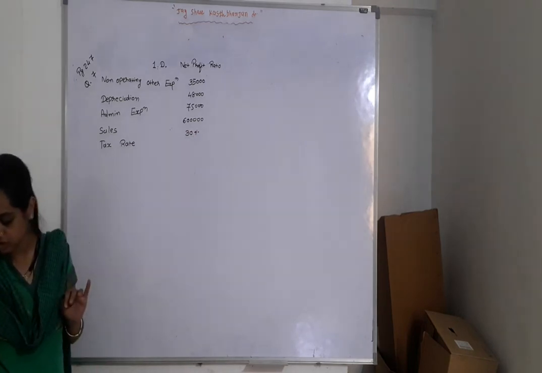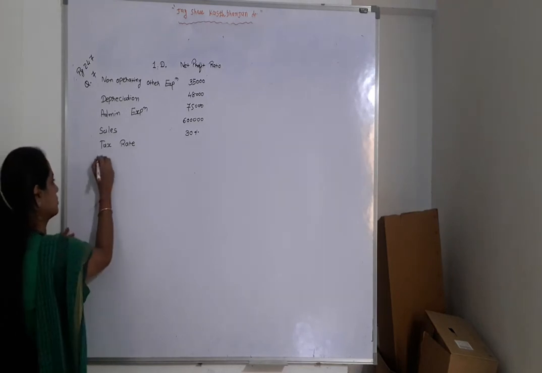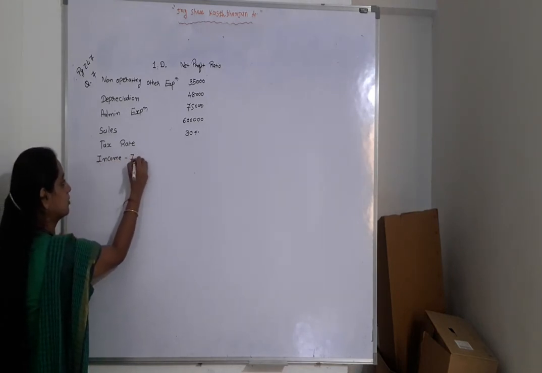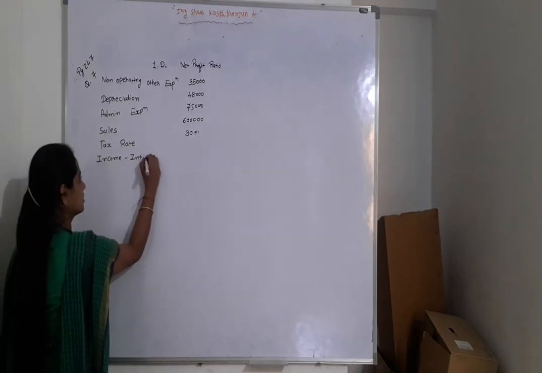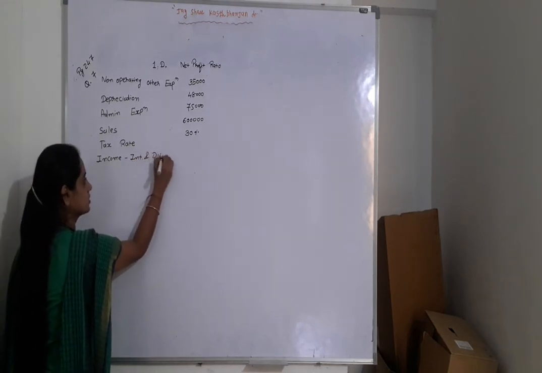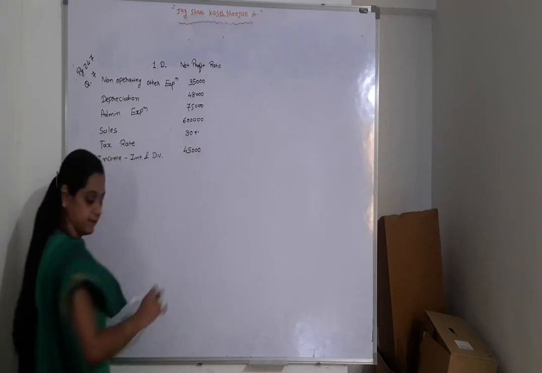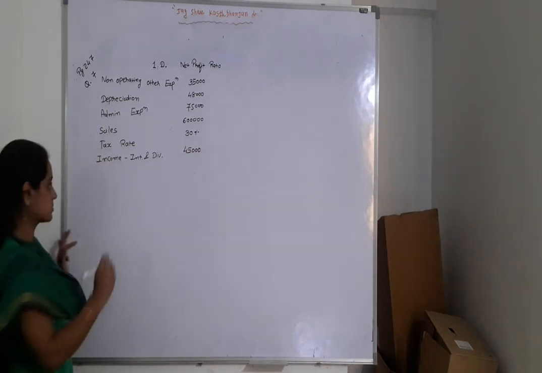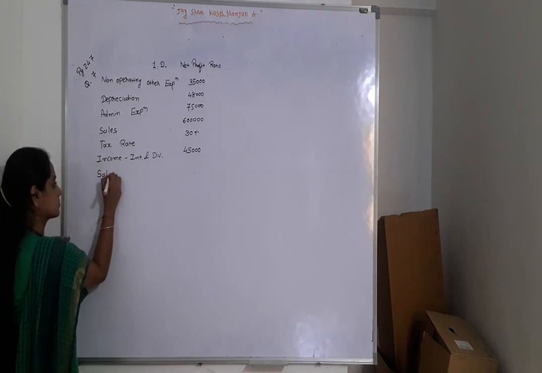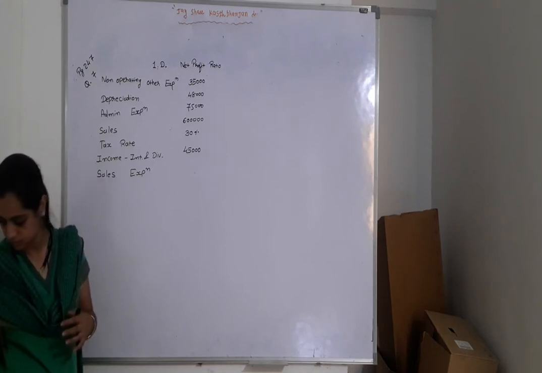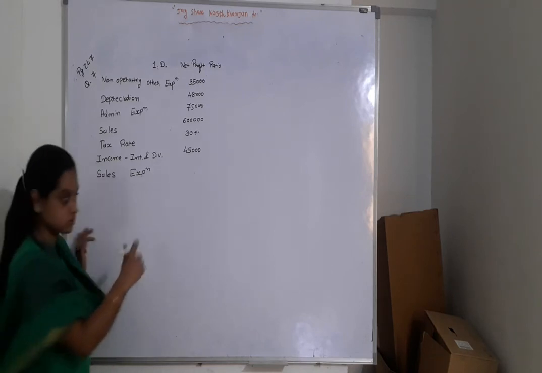Then income of interest and dividend 45,000. Then sales expense, 52,000.